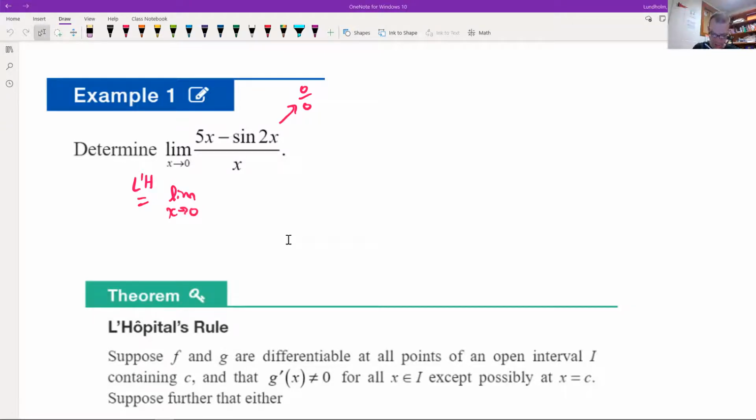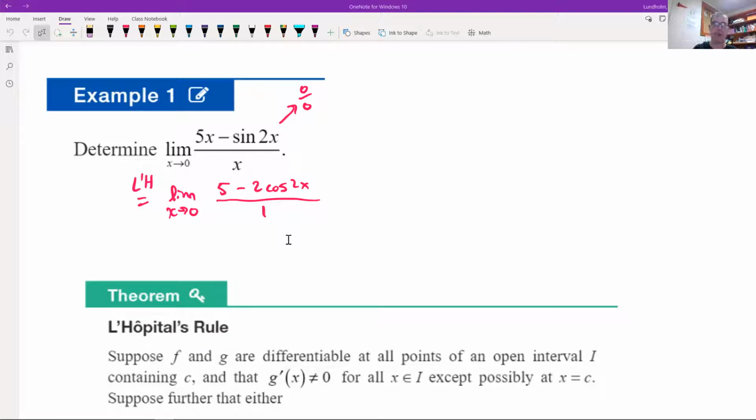If I take the derivative of the top, we're just going to have 5 minus 2 cosine of 2x by the chain rule, and then over 1.